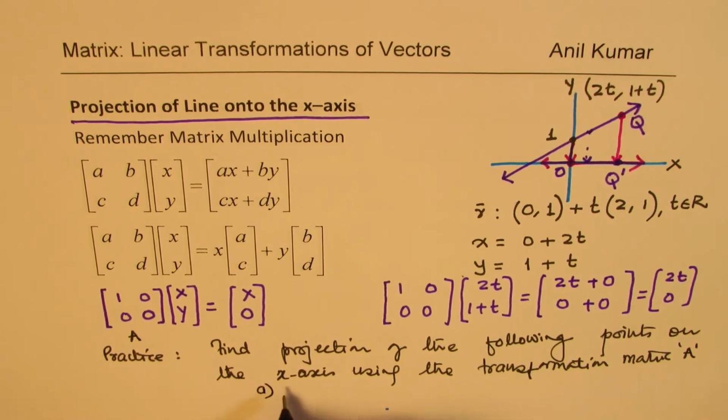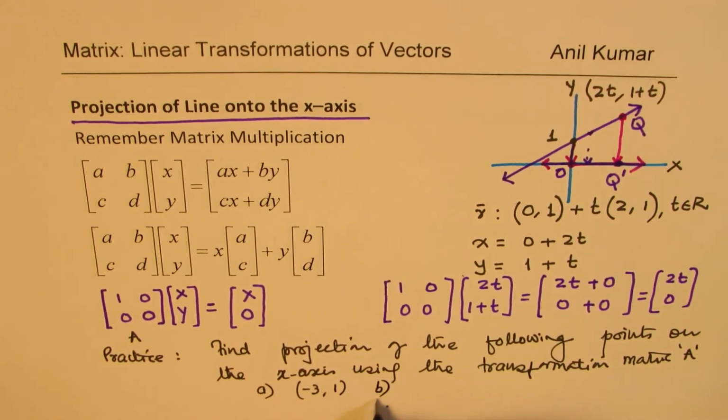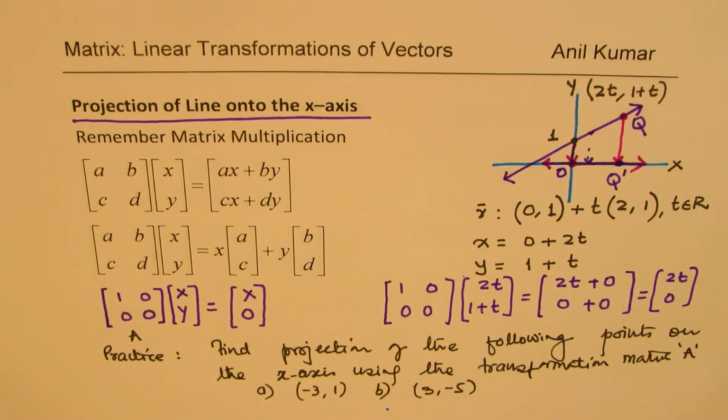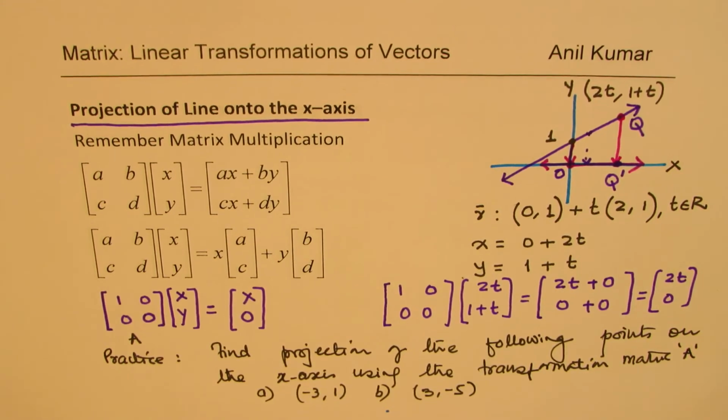And for example, you could do points -3, 1, and you could do points 3, -5. Correct? So try this out. And also figure out whether this line joining these 2 points can be projected on the x-axis. Okay? So let's move on and see now projection of a line on the y-axis.